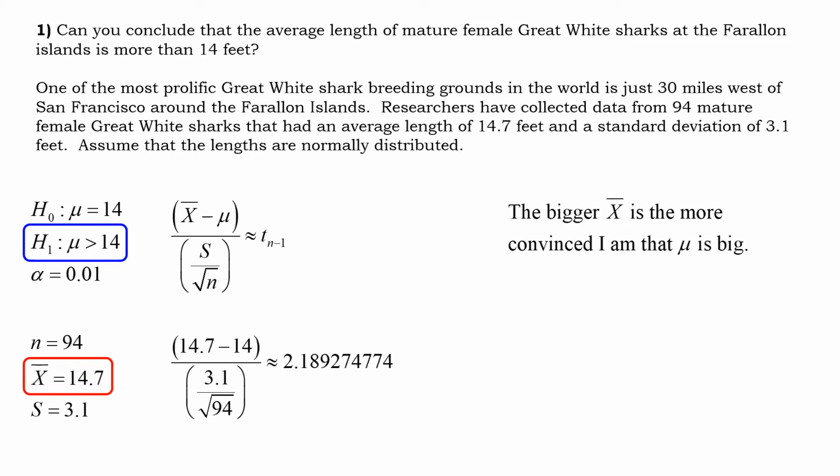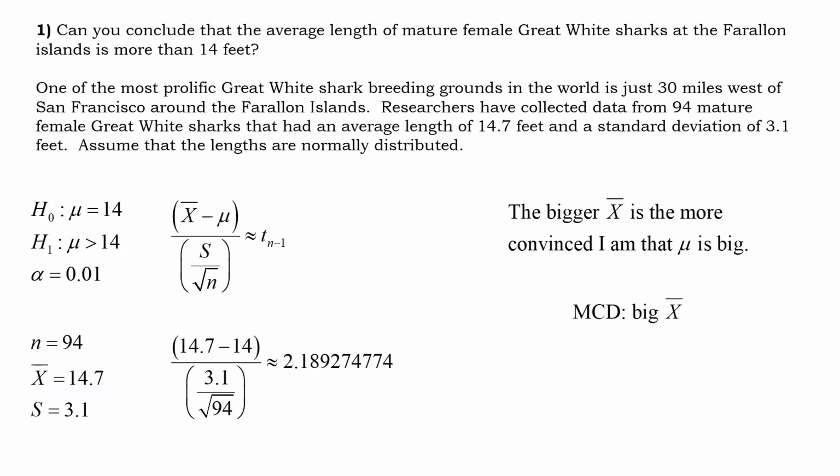If our average was 15 feet, or 17 feet, or if our average was 91 feet, that would be more convincing than 14.7 feet. So the bigger x bar is, the more convinced I am that the mean of the entire population is big. If you want to be convinced something is true population-wide, the more you see that trait in the sample, the more you start to believe it's not random chance that's causing you to see that trait.